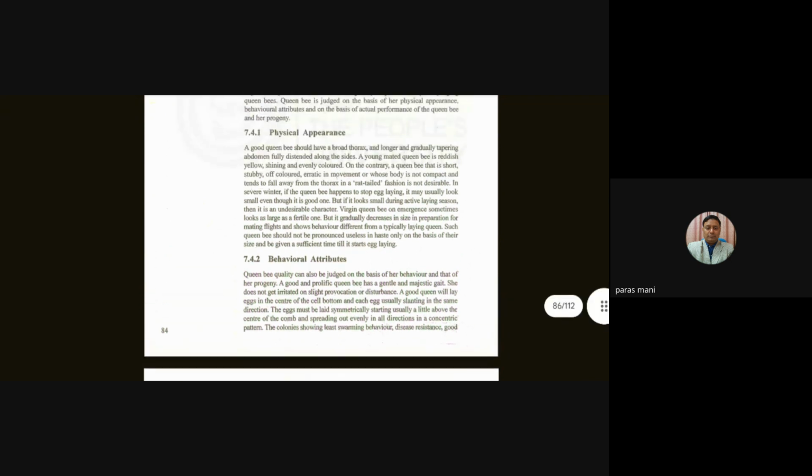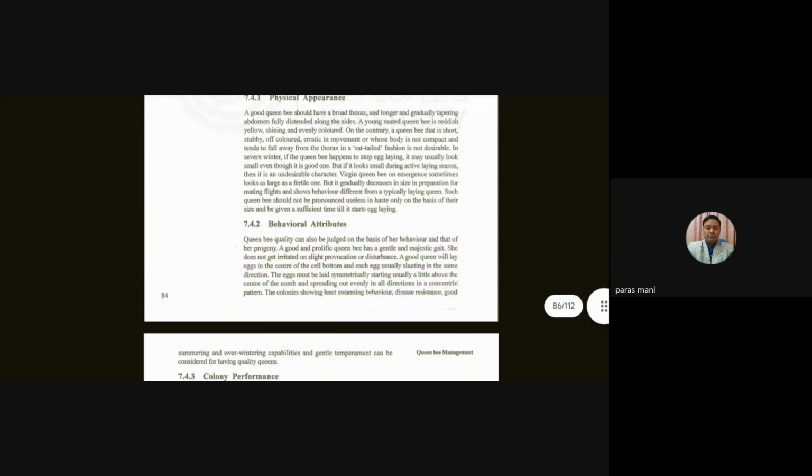Usually during emergence queen bees are larger. Four to five days after emergence, they become a little smaller before they start the nuptial flight for mating. And it can be judged only after it starts laying eggs.